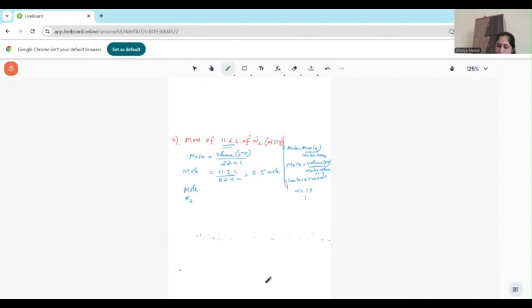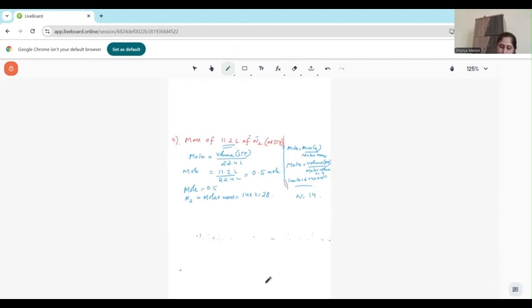Nitrogen is 14. If you know which molecule it is, can you find out the molar mass? It is 14 times 2 because there are 2 nitrogen atoms, right? And you know the number of moles, it is equal to 0.5 moles.